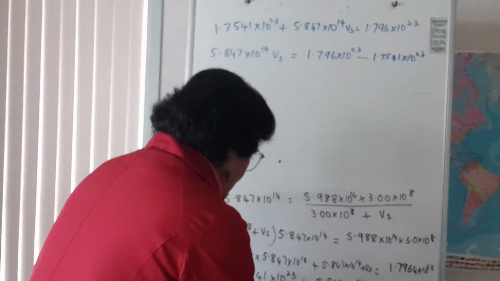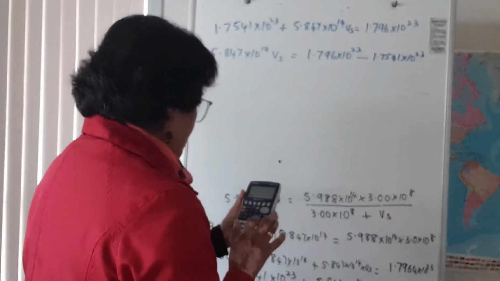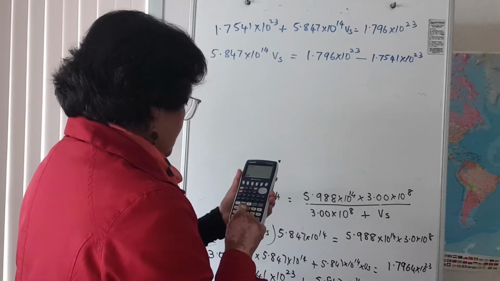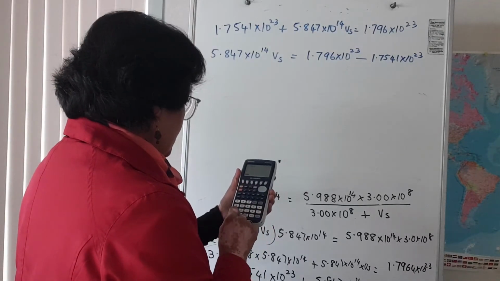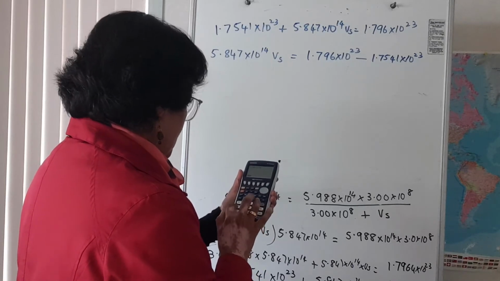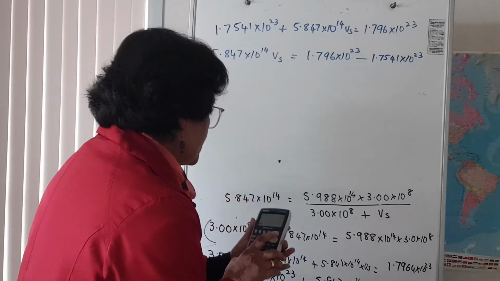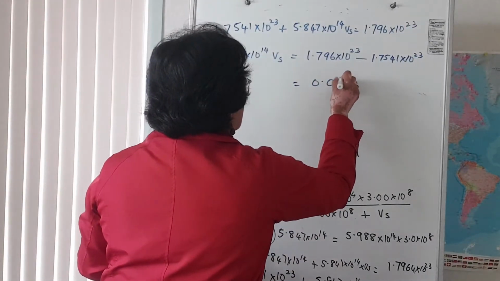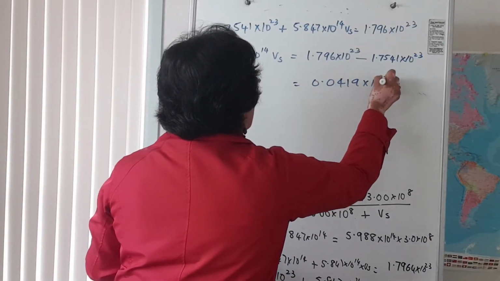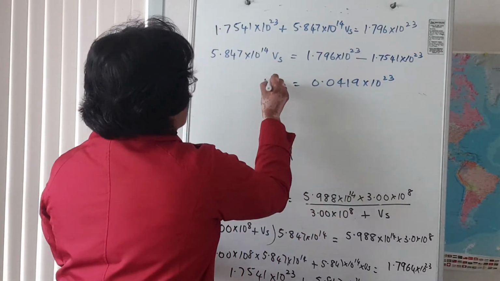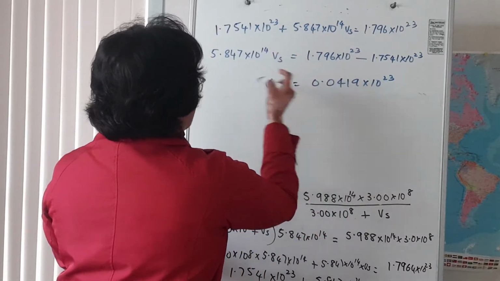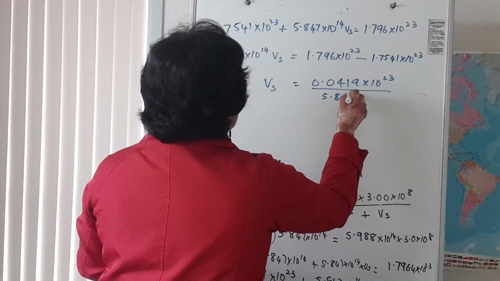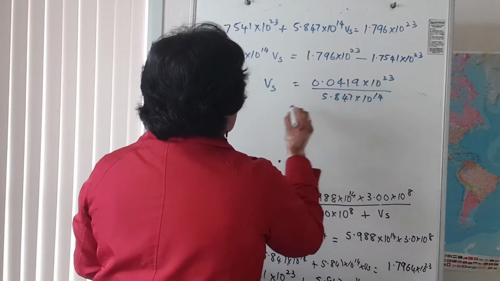Okay, so how much do I get? 1.796 minus 1.7541 equals 0.0419. 0.0419 times 10 to the power of 23, and so vs equals that number divided by 5.847 times 10 to the power of 14.